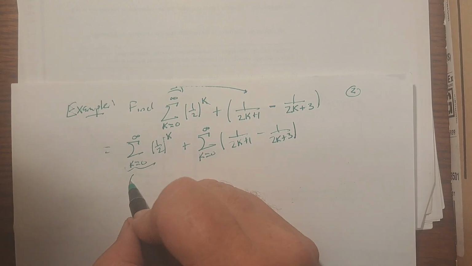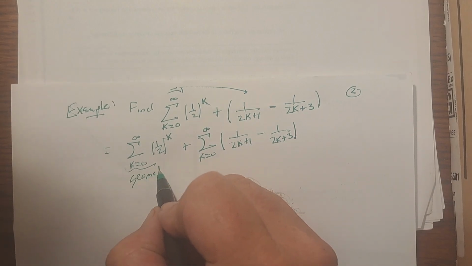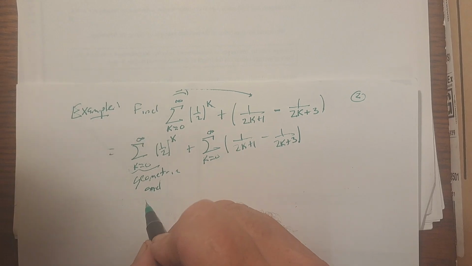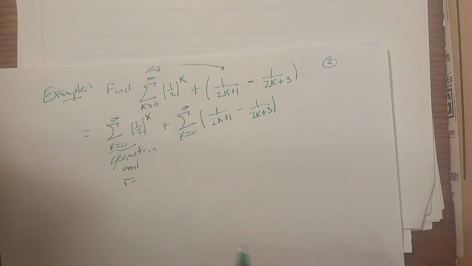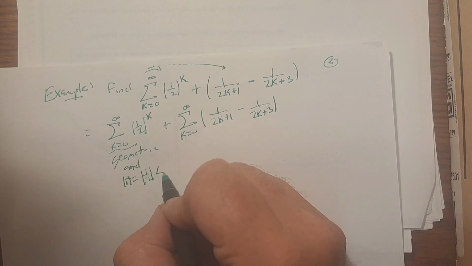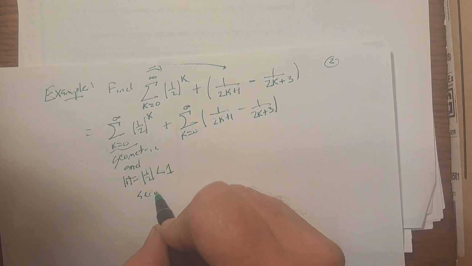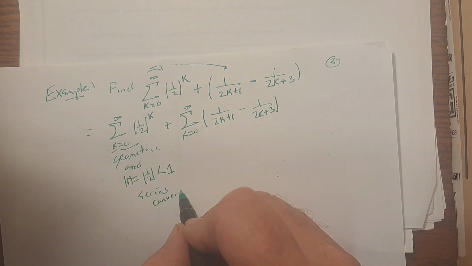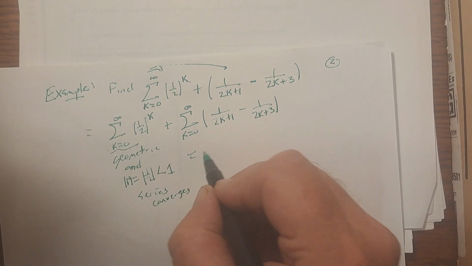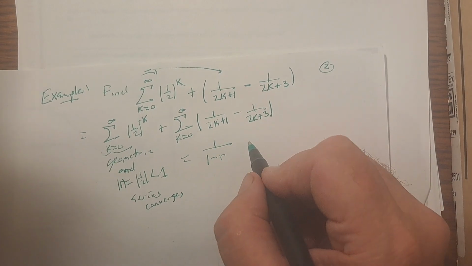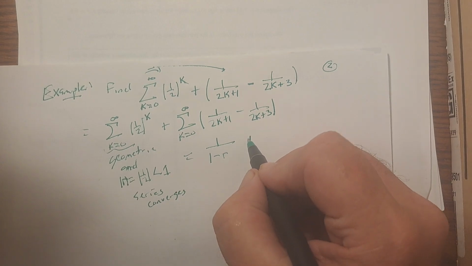Because this is geometric and your number r, that ratio, is 1/2, and an absolute value that's less than 1, the series converges. Not only that, it converges to 1/(1 minus r), because that's how it works for convergent geometric series, and then I still have the other one.